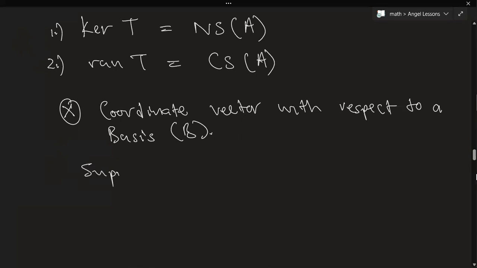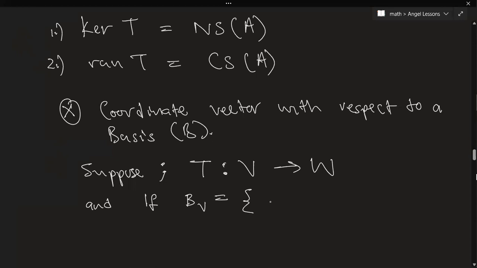Suppose I have a linear transformation, or suppose I have a vector space which goes from V to W, and BV is a basis of V, which has the elements V1, V2, V3, up to VK.